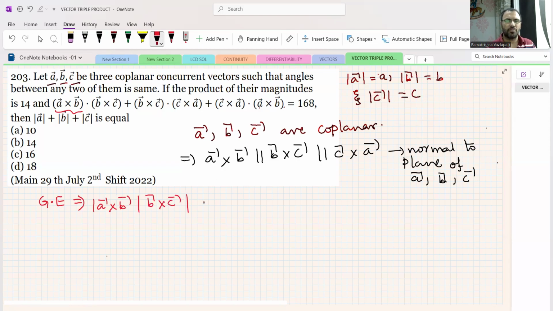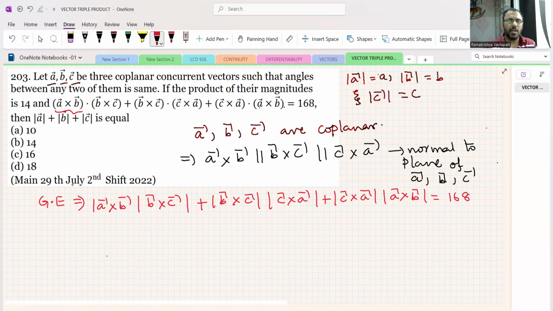So cos 0. Right. Plus, for the other one, modulus of B cross C into modulus of C cross A. It is a very beautiful question. Plus modulus of C cross A into modulus of A cross B. After having so much experience, still I am struggling to get a good idea to solve this question.